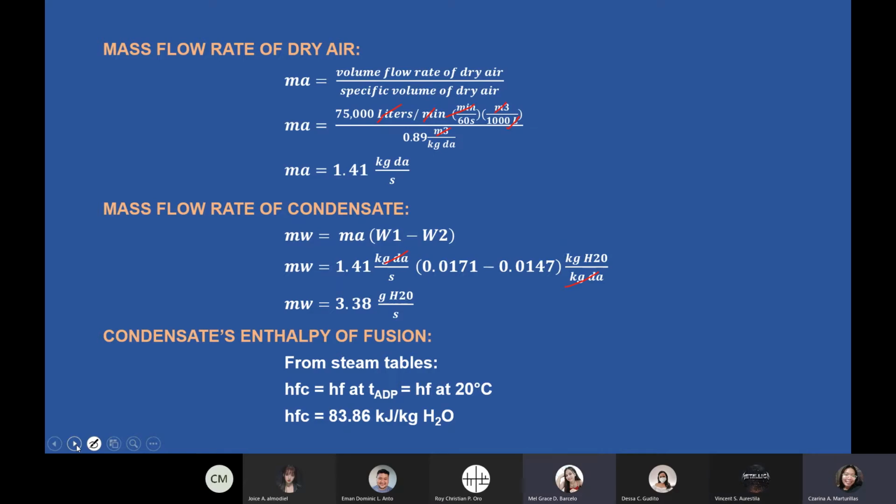And the C in HFC, sir, is for condensate? Condensate, okay. Sorry for not clarifying again. If you recall, sir didn't discuss non-ideal processes, so if ideal isn't mentioned, it's assumed ideal. Same as in the take-home exam, where it also wasn't stated as ideal. I just assumed that the dry bulb of the air at the second state is the same as at the ADP.